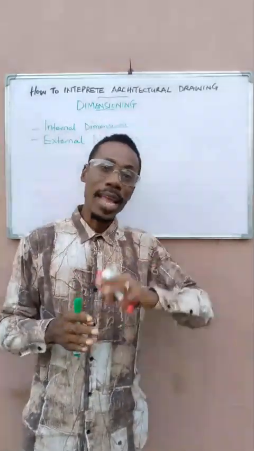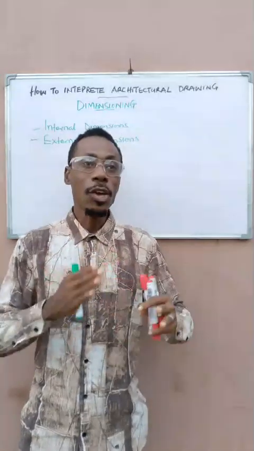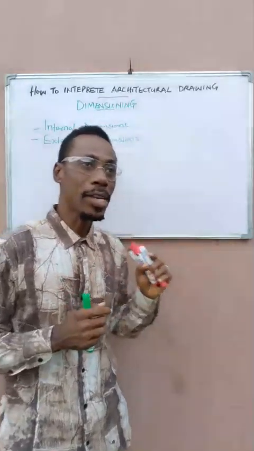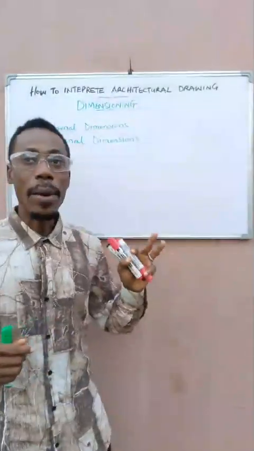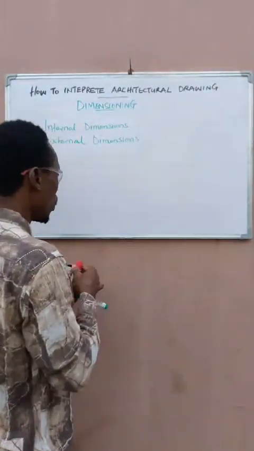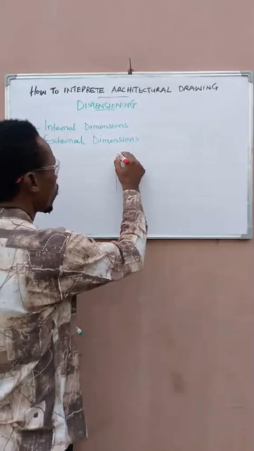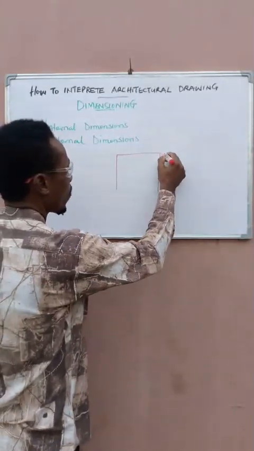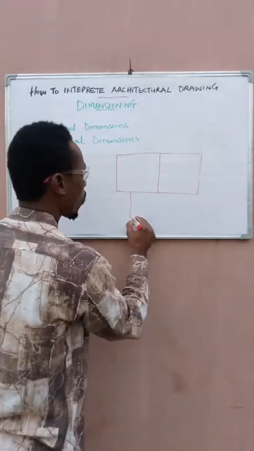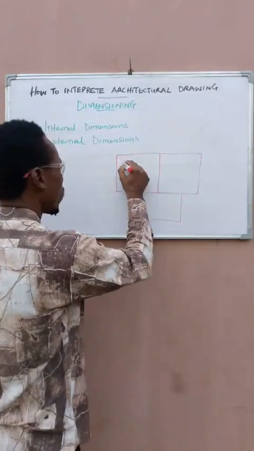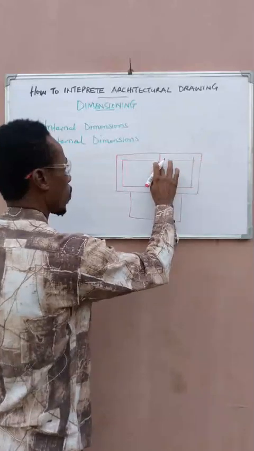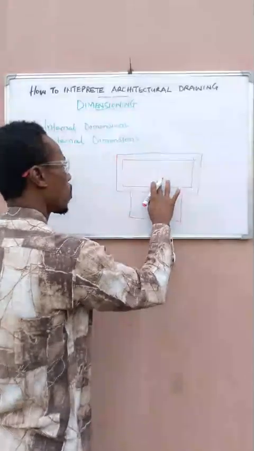And I told you in our previous class that when you're doing your measurement, you can do in-to-in measurement and out-to-out measurement. Now, the dimension that we are talking about here, when we talk about in-to-in measurement, we are looking at when we have our building. For example, let's say we have a building of this nature.